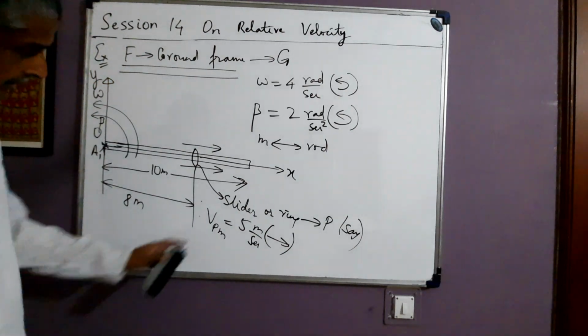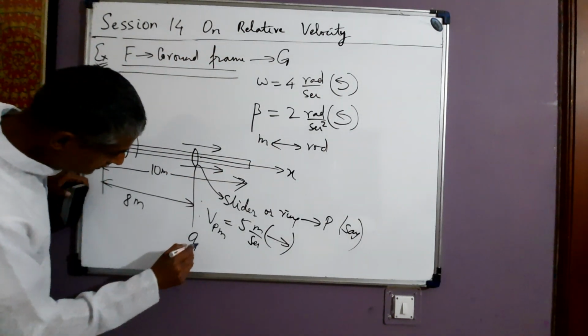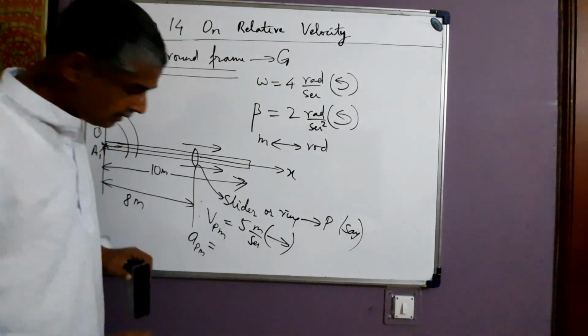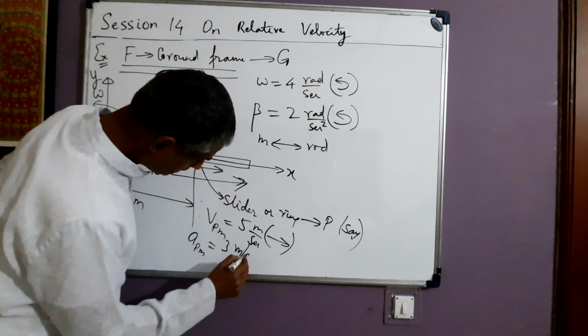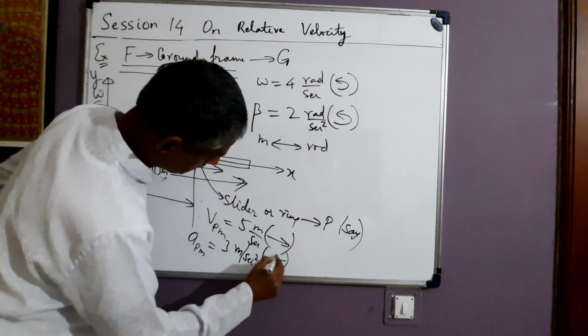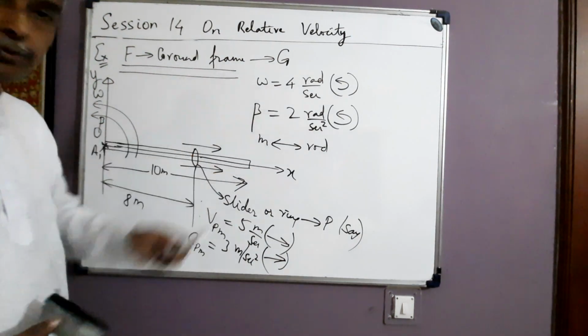And its acceleration with respect to rod, that is M, is given to be 3 meter per second square. This is also in rightward direction. Fine. So all the details have been fully given.